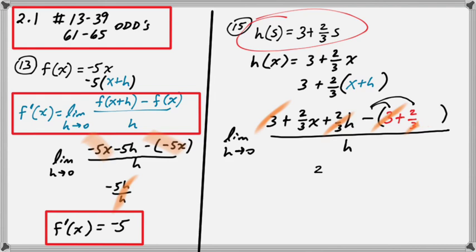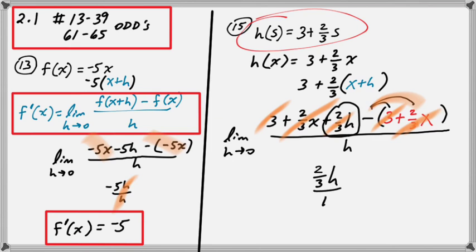What is my original? 2/3 x, right? So what's going to add to 0 is 2/3 x and a negative 2/3 x on the distribution. So the only thing left on top should be this term right here, 2/3 h.